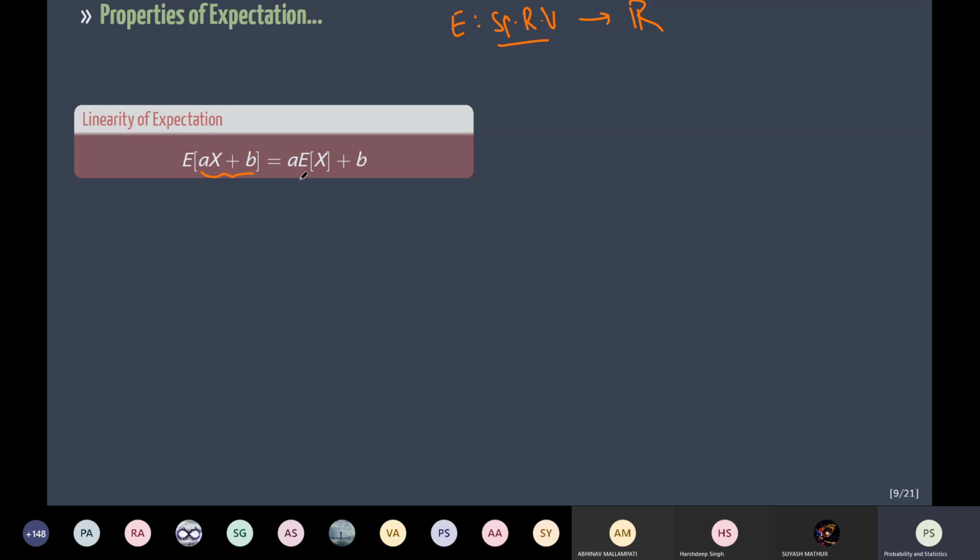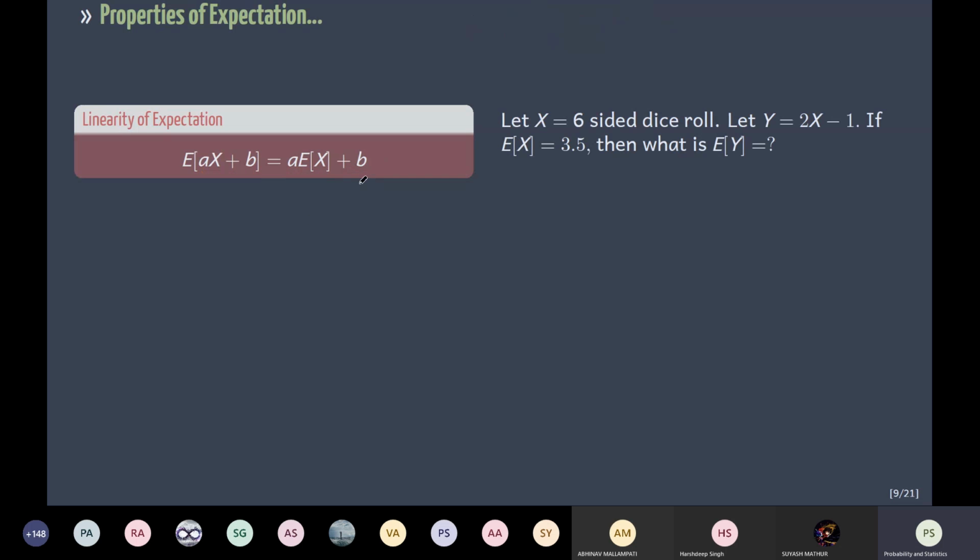Then it says expectation of ax plus b is a times expectation of x plus b. Okay, so let x be a 6-sided dice roll. Then let y be equal to 2x minus 1. What we are trying to get from here is quite interesting: I'm able to define another random variable based on x, which is 2x minus 1.